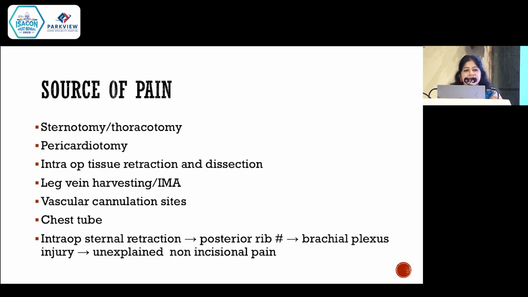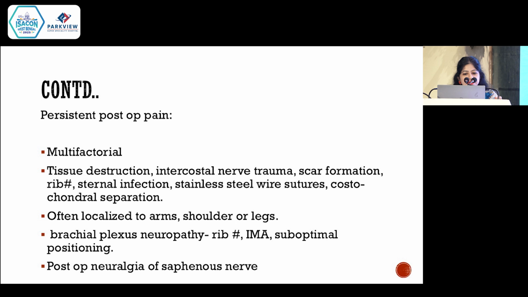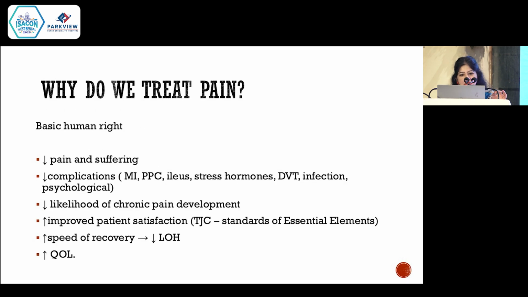As there is evolution of cardiac surgery from open heart surgery to direct vision MICS, nowadays we are doing endoscopic cardiac surgery and robotic cardiac surgeries. So the sources of pain have changed from open heart to the approaches the surgeons use in minimally invasive, that is endoscopic and robotic cardiac surgeries.